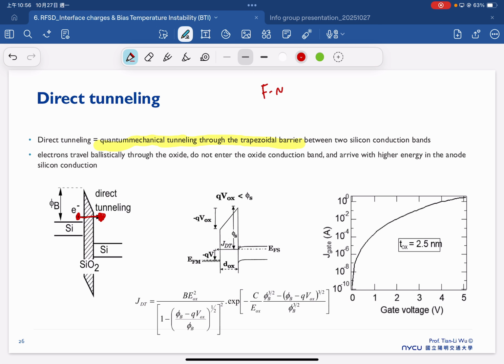FN tunneling is mainly due to the thick dielectric, and direct tunneling is due to the thin dielectric.